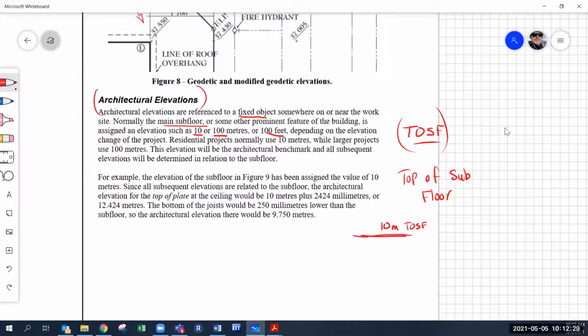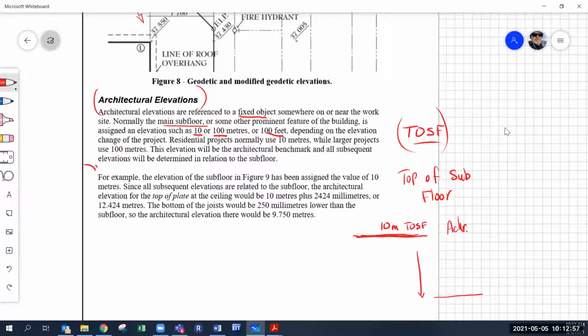This way, if we go down underground in the basement to run our pipe, we're not using negative numbers. We don't want to use negative numbers when we're doing elevations. So that's why the architectural elevation is given, and it will always be greater than 0.